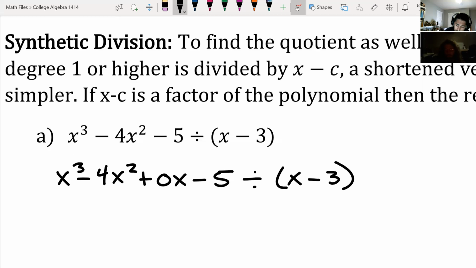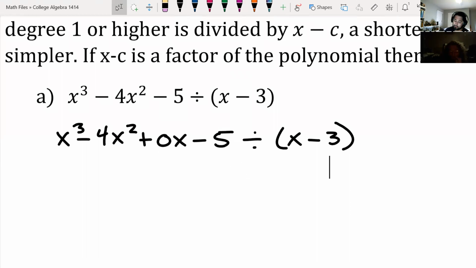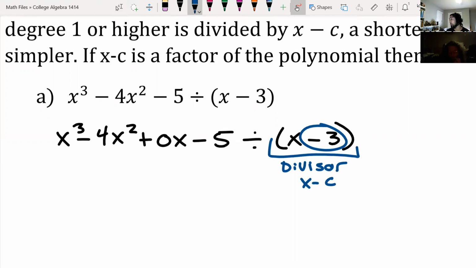Okay. Now, like I said, everything's going to be a little bit backwards for synthetic division. So we're dividing by x minus 3, which is still our divisor. But with our divisor in the form of x minus c, we are only going to divide by the actual zero, or the root, of this divisor.